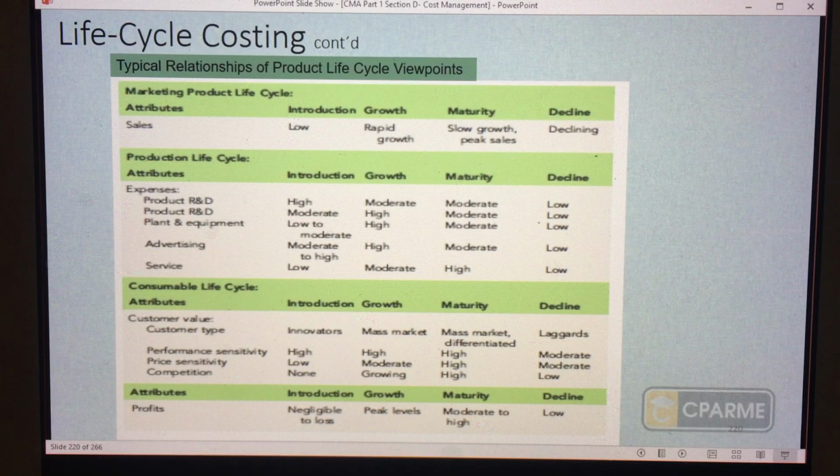For the consumable life cycle, we look at the attributes of what customers would value. So you have your customer type, performance sensitivity, price sensitivity, and competition.